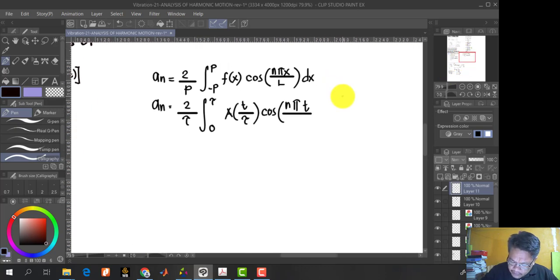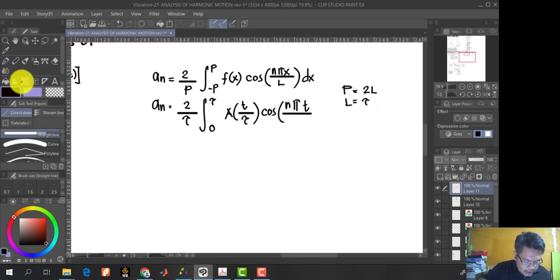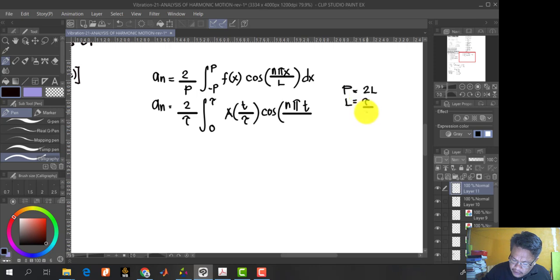So we have, for the P, my P is, again, that is 2L, no? So ang kailangan ko is P, so that will be my period, no? And this is all over divided by 2. Okay, so the value of P divided by 2.